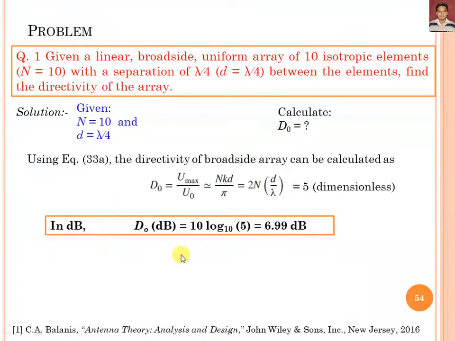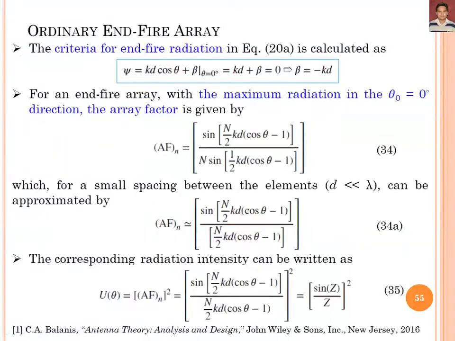In terms of dB, we calculate 10 log 10 of D naught, which is equal to 5, and we get the directivity equal to 6.99 dB. So by using this directivity calculation of the broadside array, we can calculate the directivity for any given problem.